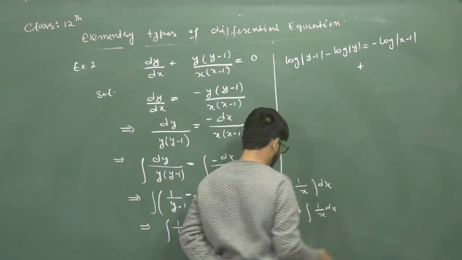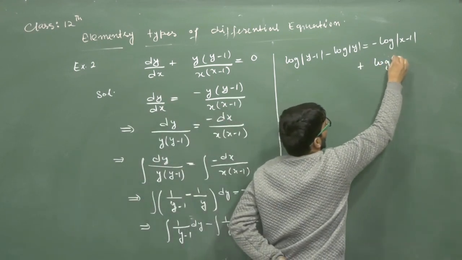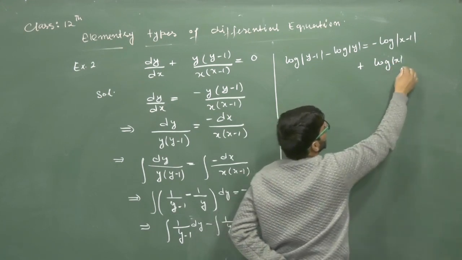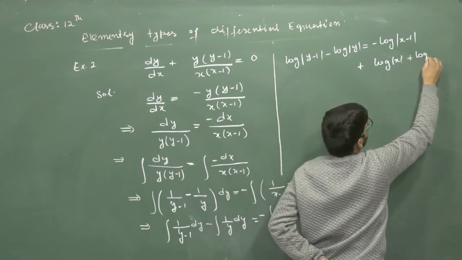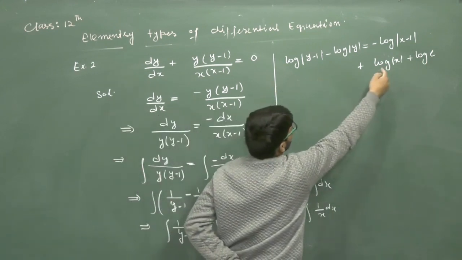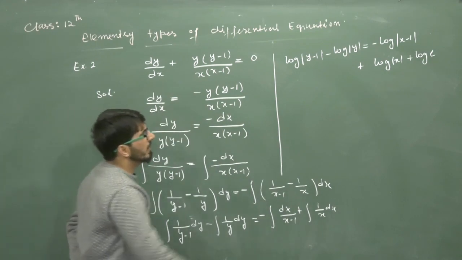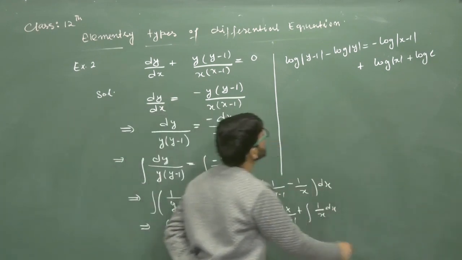plus, as we know that the integral of 1/x is log|x| plus an integration constant, say log c, because the whole function contains logs, thus it is better to take the integration constant as log c.